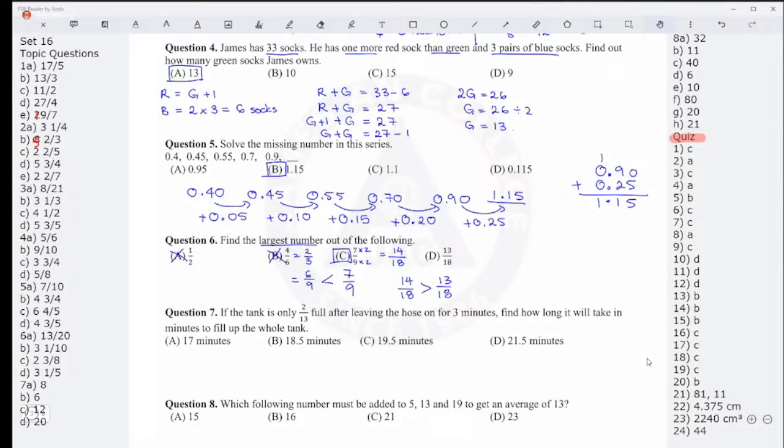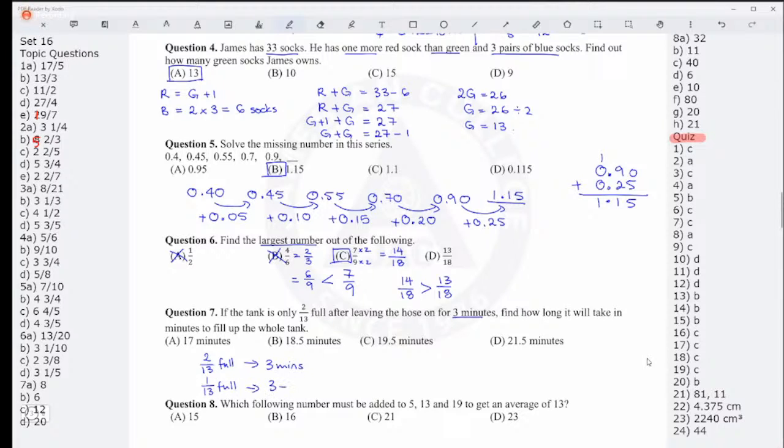Okay. Question 7. A tank is only 2/13 full after leaving the hose for 3 minutes. Find how long it takes to fill up the whole tank. So 2/13 full will only take you 3 minutes. So that means only 1/13 full should be half of that time.